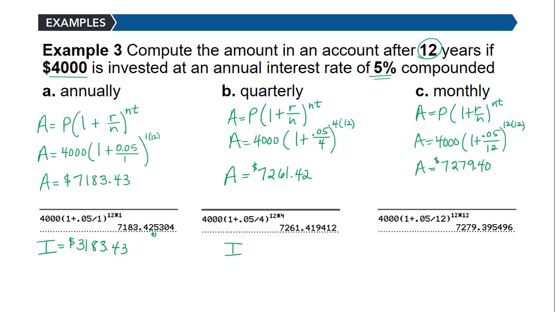For the second one, subtracting off 4,000, the interest would be $3,261.42. And for the one compounded monthly, the interest earned would be $3,279.40.